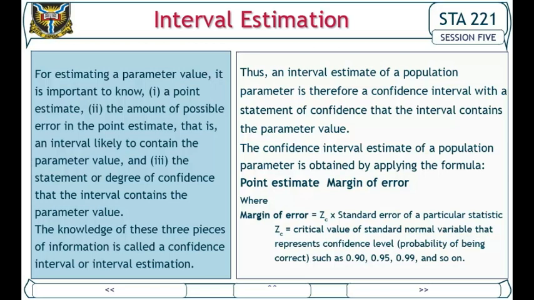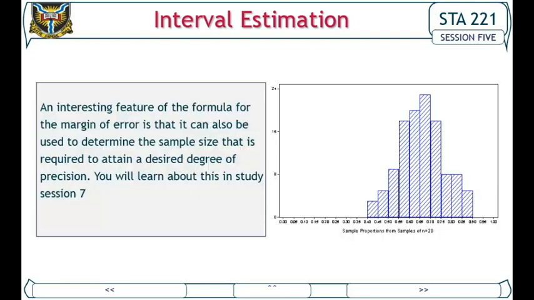Zc is the critical value of the standard normal variable that represents the confidence level, the probability of being correct, such as 0.90, 0.95, 0.99, and so on. An interesting feature of the formula for the margin of error is that it can also be used to determine the sample size that is required to attain a desired degree of precision. You will learn about this in Study Session 7.